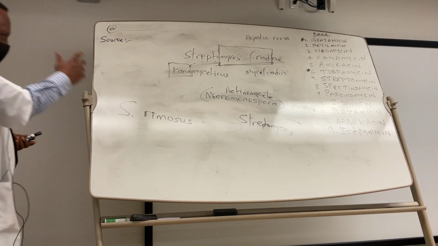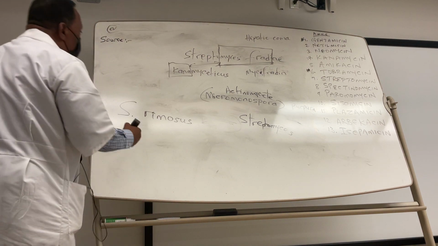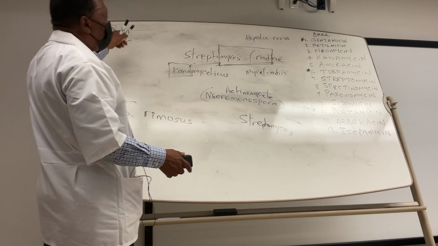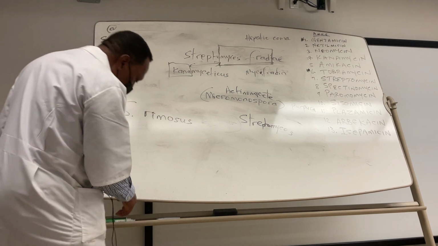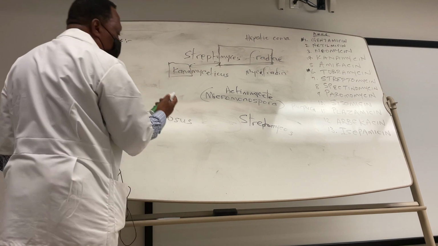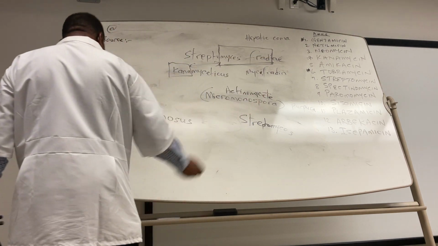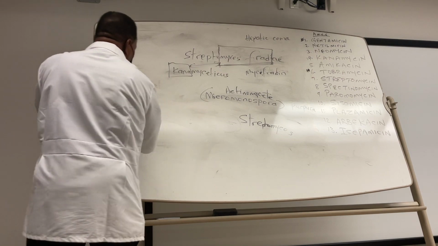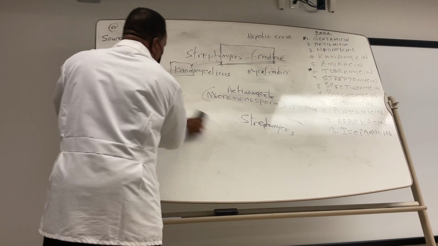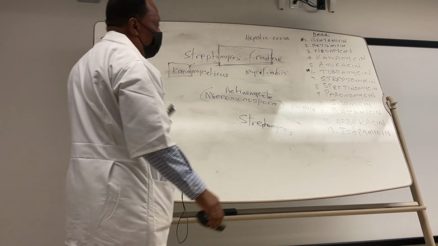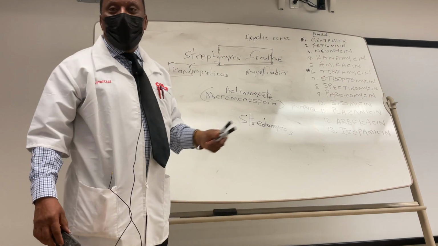So those are just some examples there to show you that your aminoglycosides are true antibiotics. So 1 to 13, each of them have a source? We can go through all of them.